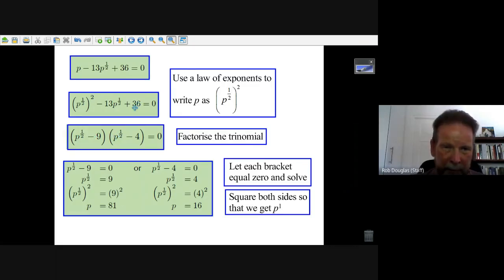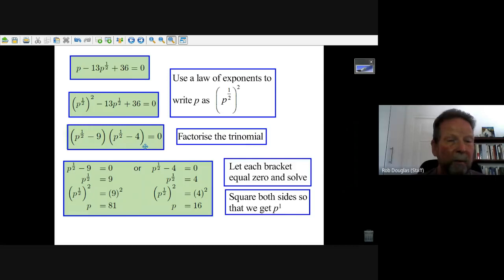Well, you're looking for two numbers. It's just a trinomial that multiplies to equal 36. But it's got to be a negative times a negative, and it's got to combine to equal 13. So minus 9 times minus 4 is positive 36, and minus 9 times p to the half and minus 4 times p to the half combine, the outside and inside, to equal this minus 13 p to the half.